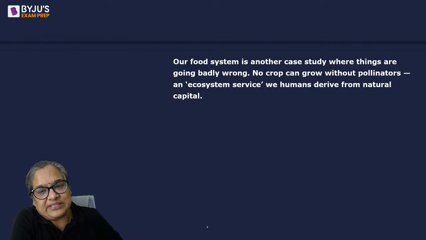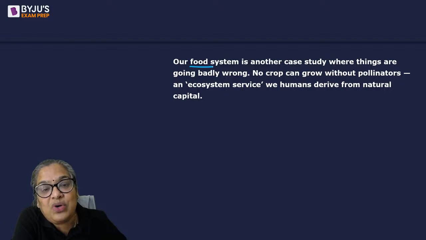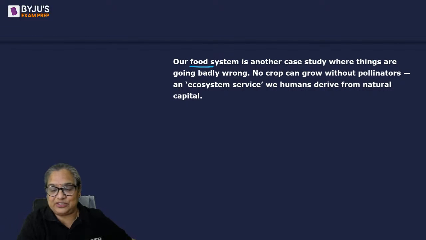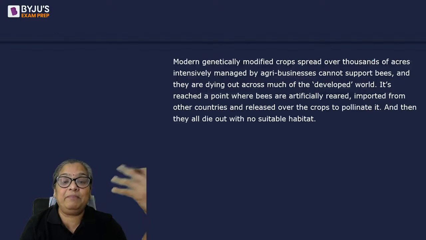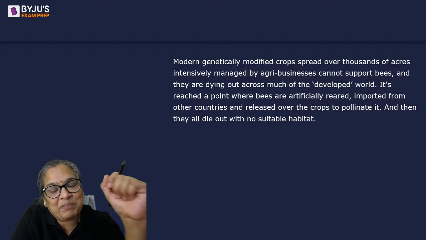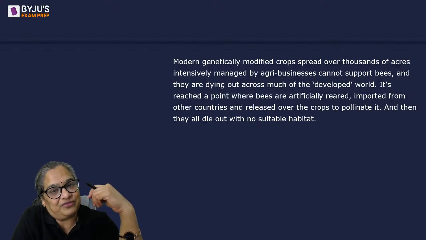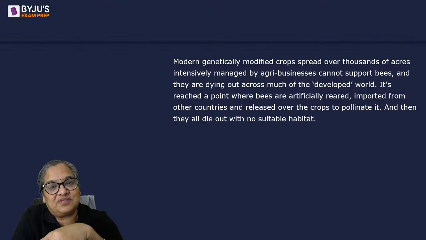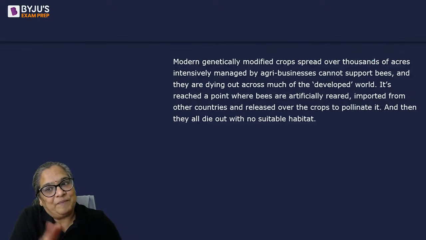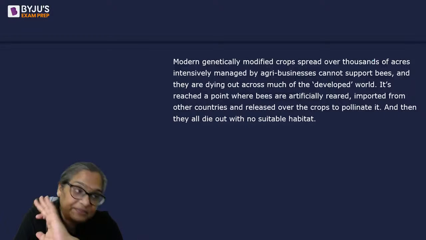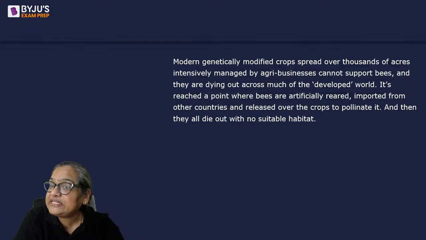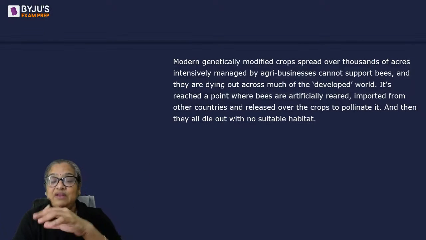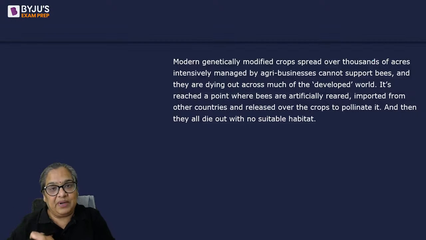He's given two examples. One is the food system and pollinators. You know that bees have become endangered. Why? Because we have genetically modified crops. These genetically modified crops cannot support bees. Bees are dying out. Then we are rearing bees artificially.